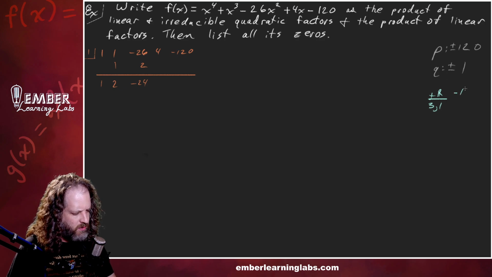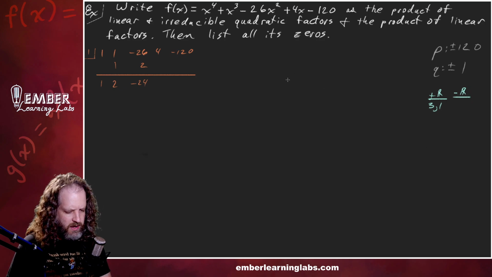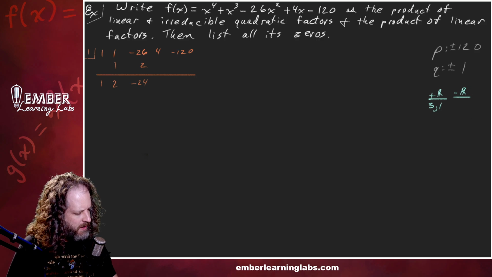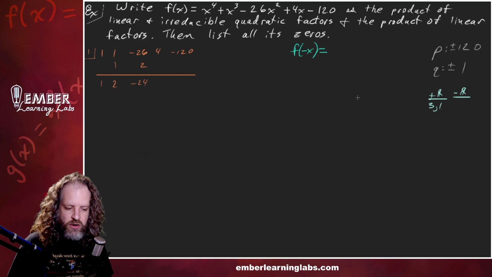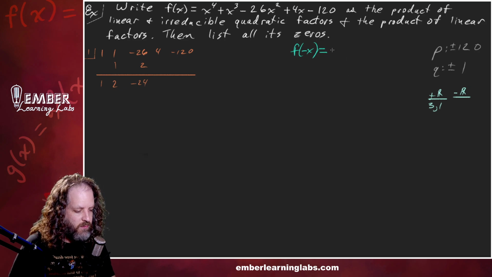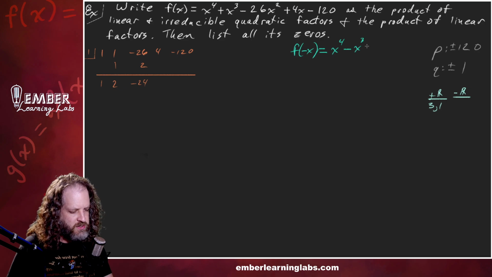Let's do that real quick because that might make our lives kind of useful. So I'm going to use this darker blue here and find f of negative x. Now remember from our last chunk that all you really have to do is switch the signs of the ones with odd exponents. So this x to the 4th is going to stay the same, and then this x cubed is going to switch.